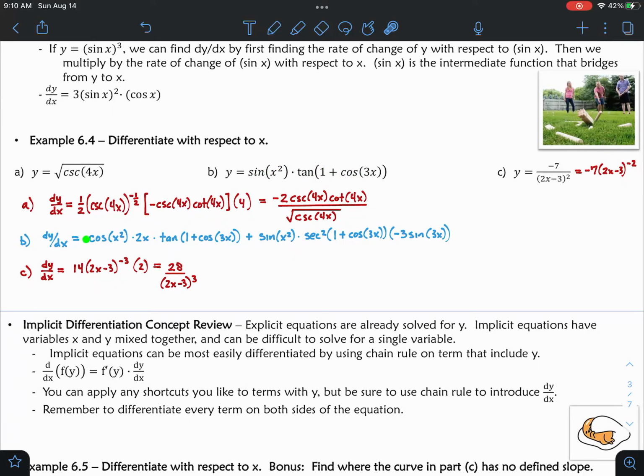So I'm taking the derivative of the first component of the product, including the chain rule aspect, times the unmodified second component, big plus sign, and I take the first component unmodified, multiply by the derivative of the second, where again, I'm bringing in chain rule at the end. Yeah, there it is.